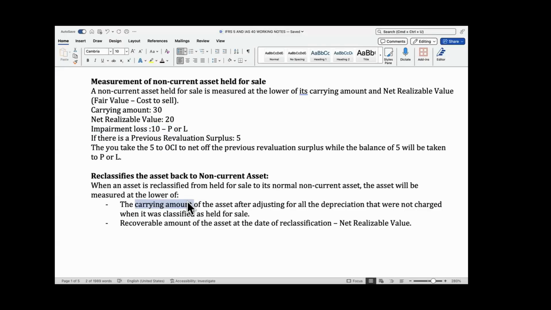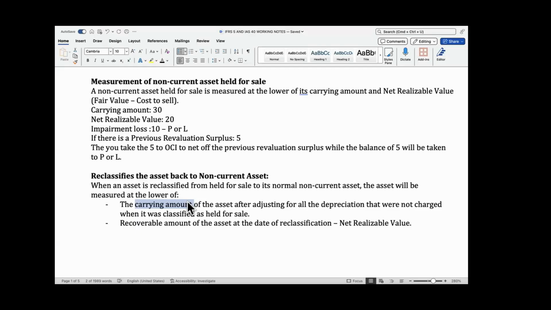The aim of this is just to avoid accounting shenanigans, creative accounting and window dressing. Some people might want to overvalue or depress the value of their assets by simply reclassifying.